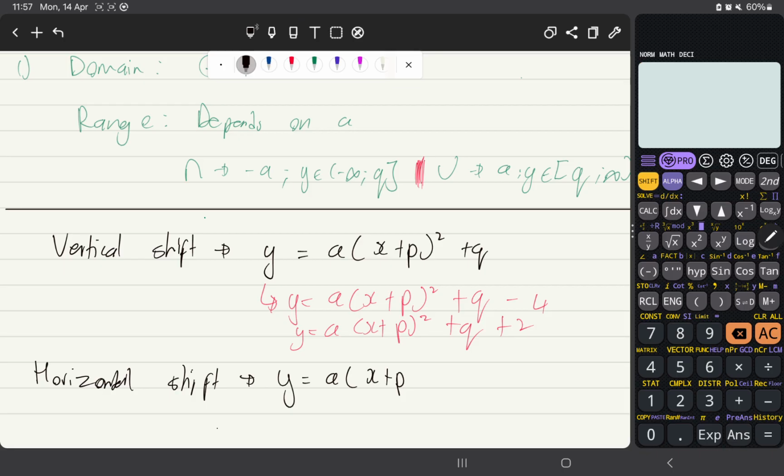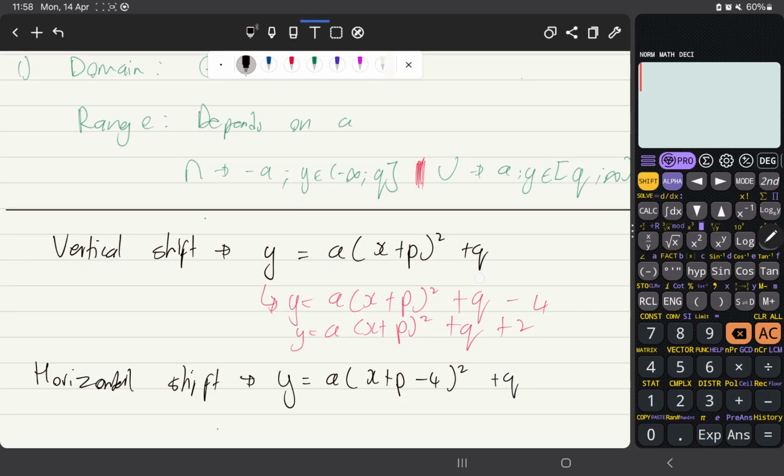They said it shifted 4 units to the right. To the right, x's are positive, but here we're going to subtract that 4. That's why it's a bit tricky. Remember, vertical shift is a bit straightforward, horizontal shift is kind of not. Then you have plus q. And if your graph shifts horizontally to the left, say 2 units to the left, it's going to be plus 2, squared.